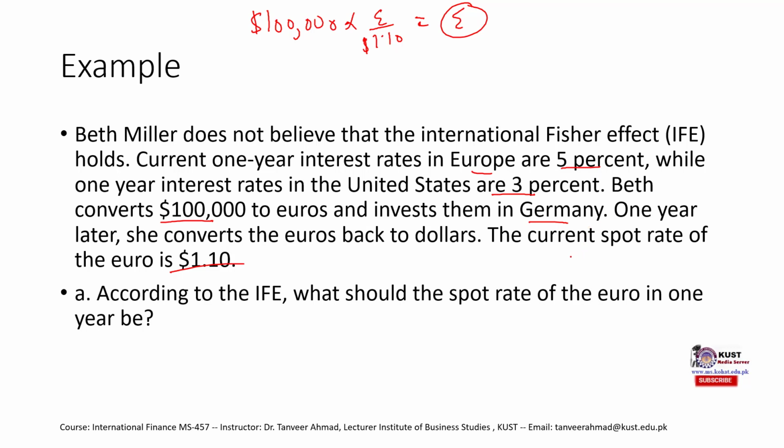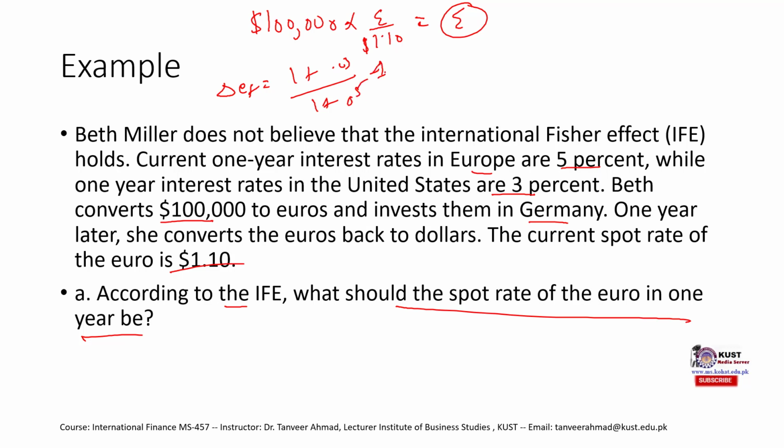Okay, so the first part is, according to the Fisher effect, what should be the spot rate of the euro in 1 year? So we need to calculate the spot rate of the euro in 1 year. So we need to use the international Fisher effect formula, which would be 1 plus the home currency interest rate, in this case the US, so the US interest rate is 3%, over 1 plus the foreign currency, the euro, interest rate, minus 1.